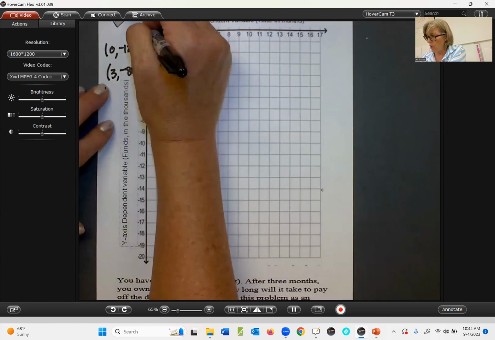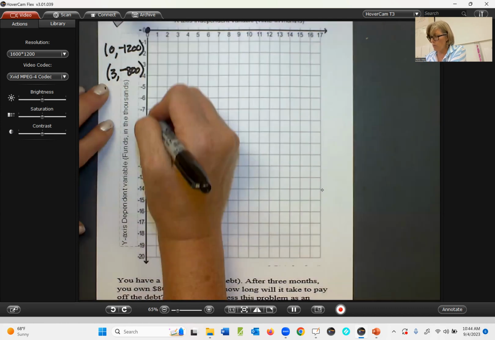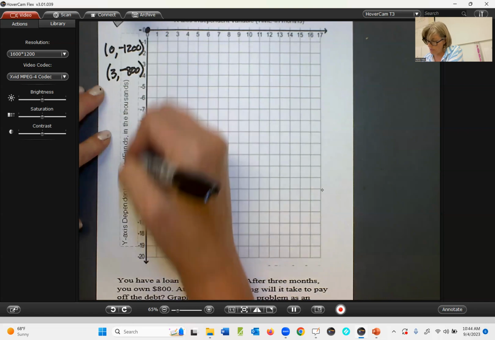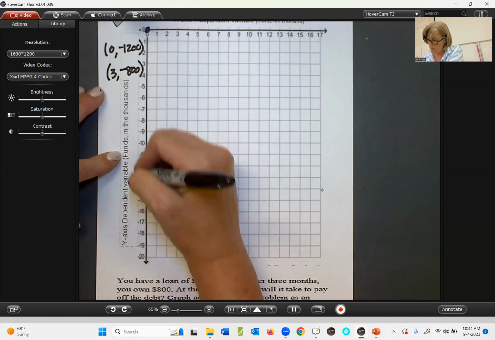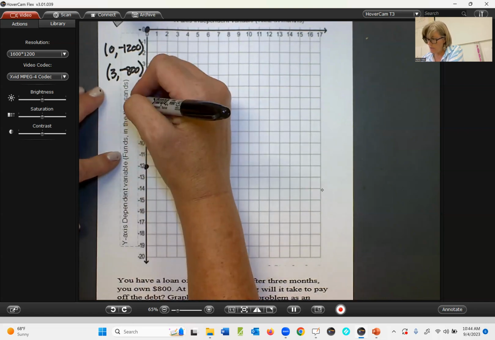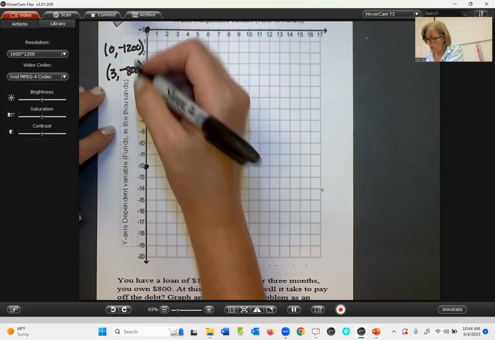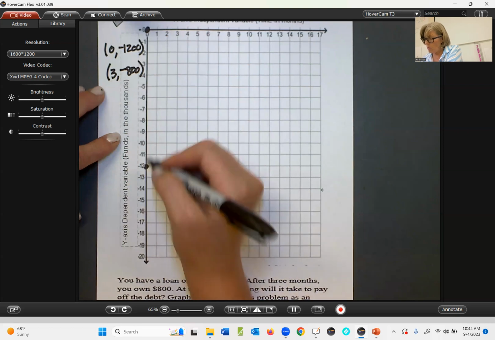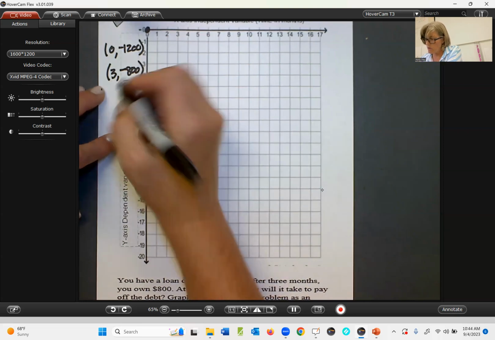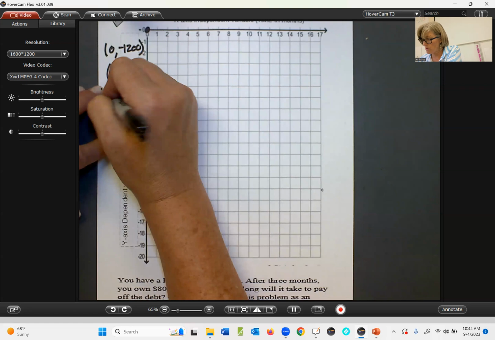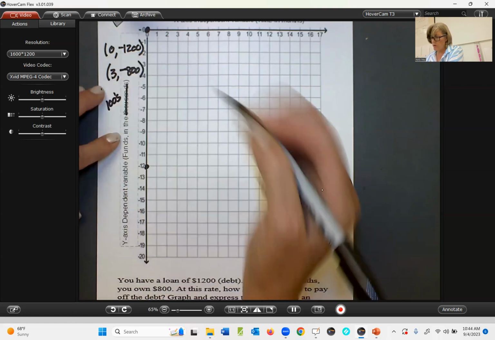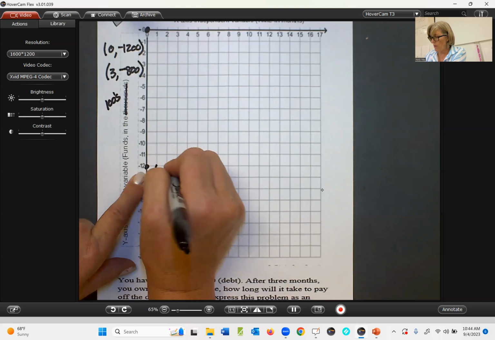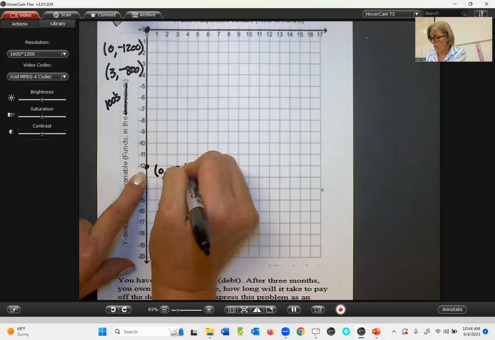So at the 0, we go down, and we're going to be at negative 1,200. It says right here, your Y dependent, and it's funds in thousands. Okay. So 12, oh, it should say hundreds. Change that. That should be hundreds, not thousands, because this is 1,200. So there's our coordinate, 0, comma, negative 1,200.